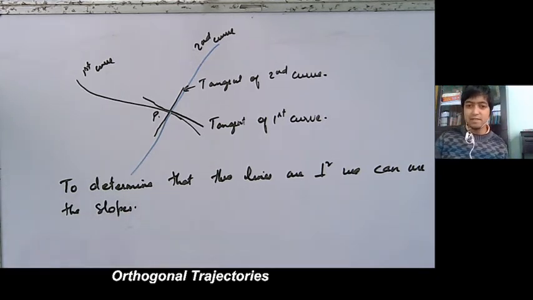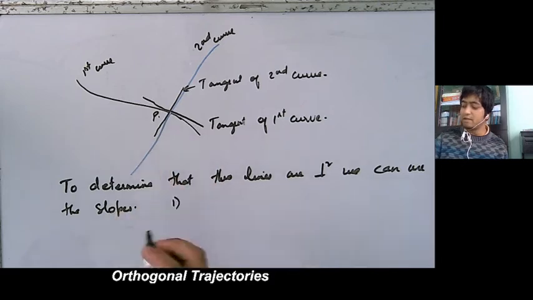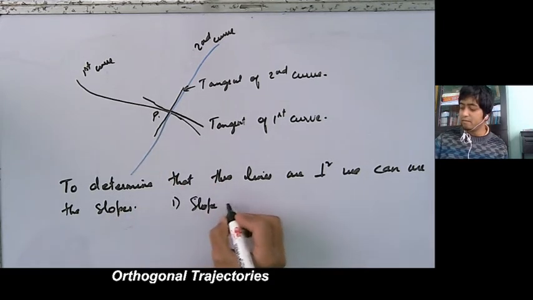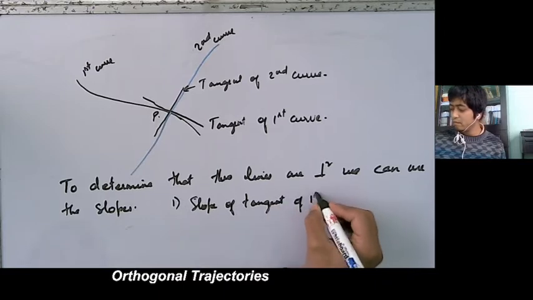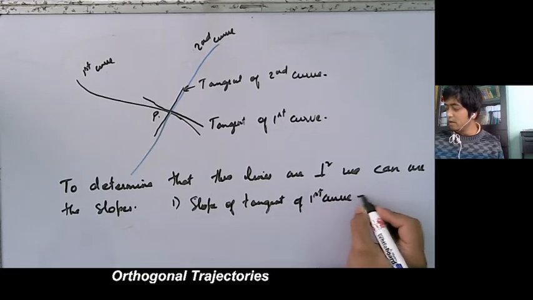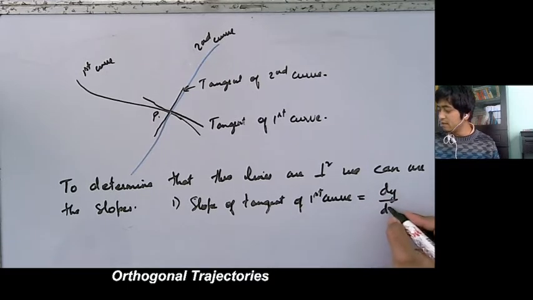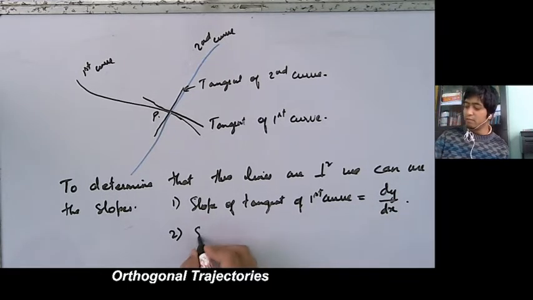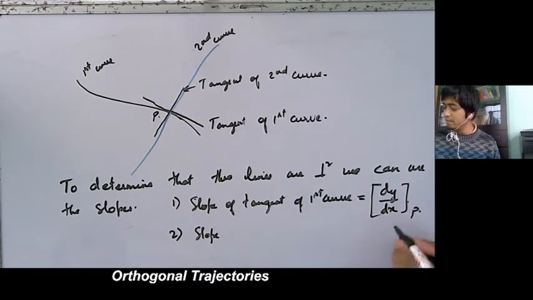For this we have, number one, the slope of the tangent of the first curve. If you remember, it's given by dy dx. What will be the slope of the normal at the point P?